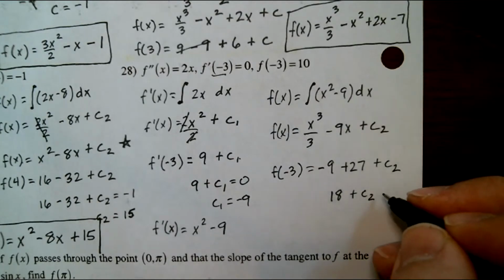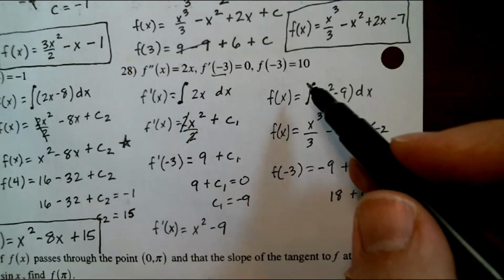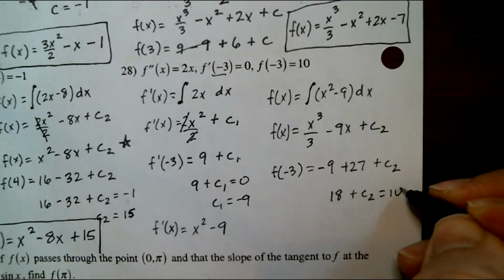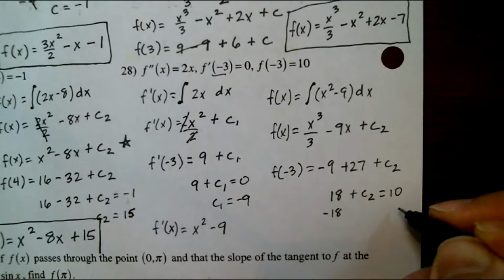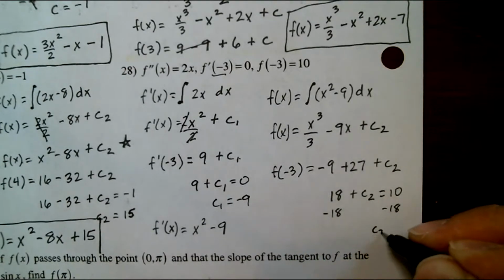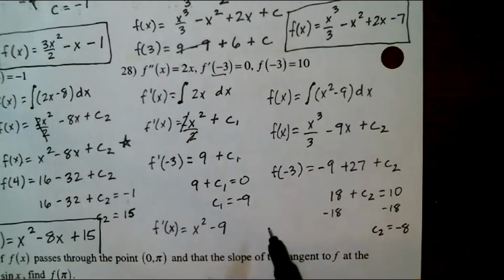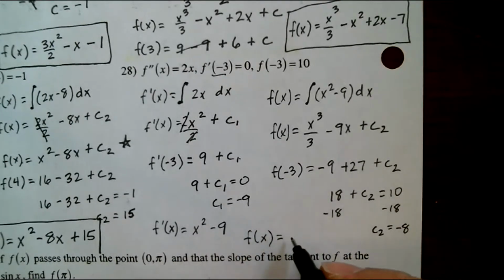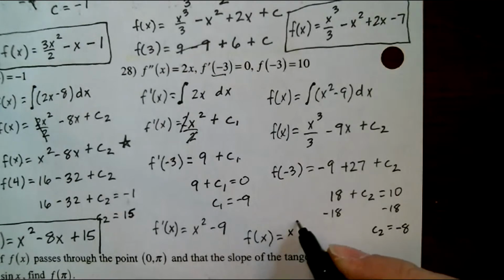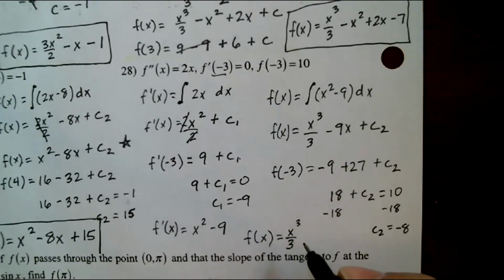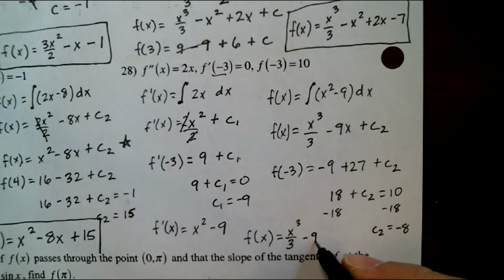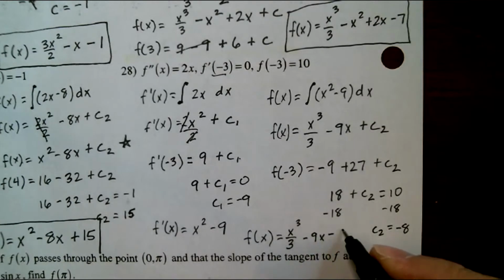I set that equal to 10. I subtract 18, and I get c2 to be -8. So my function, my f of x, would be equal to x cubed over 3 minus 9x minus 8.